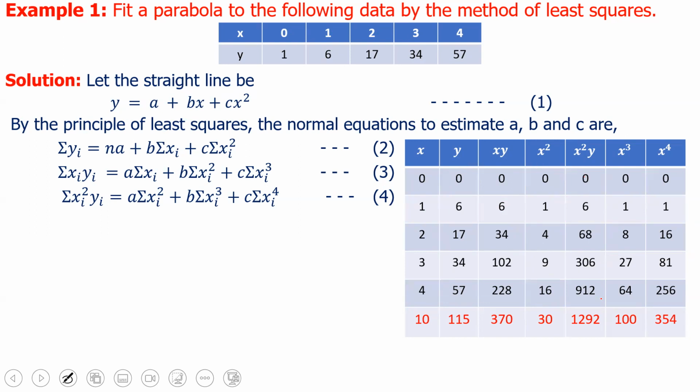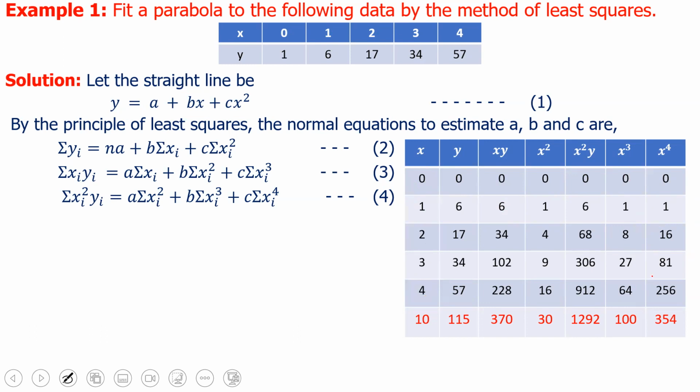Now the next part, x cube. We have to take the cube of these values. Cube of 0 is 0, cube of 1 is 1, cube of 2 is 8, cube of 3 is 27, cube of 4 is 64.